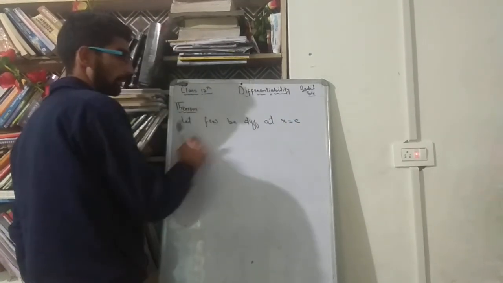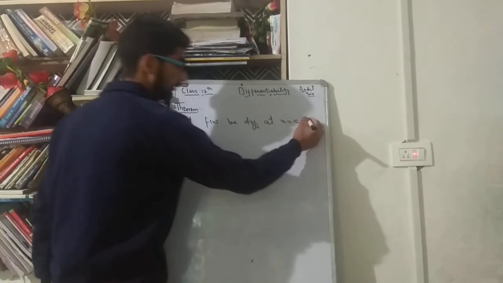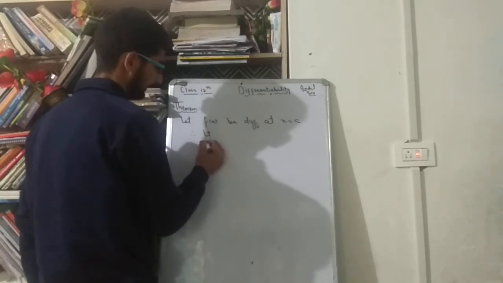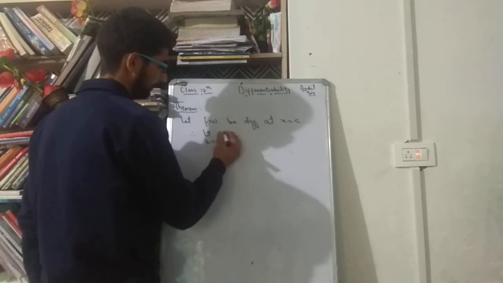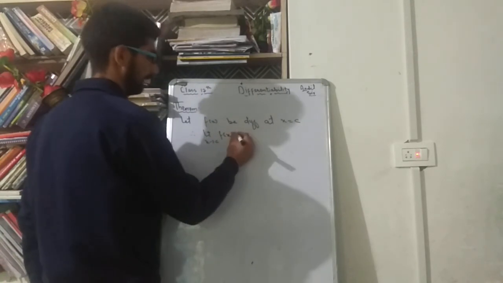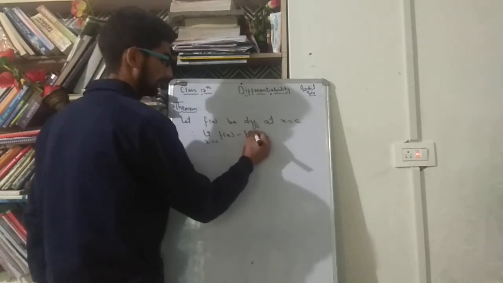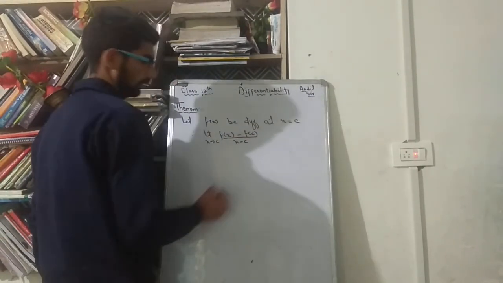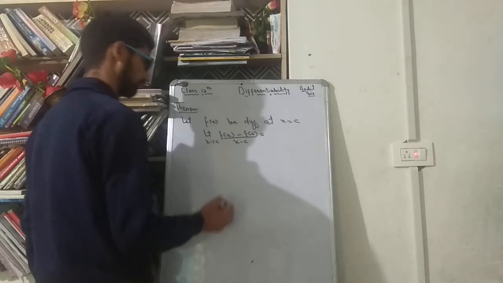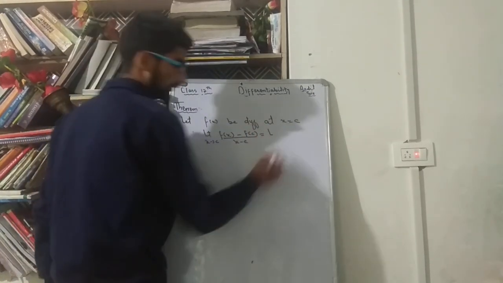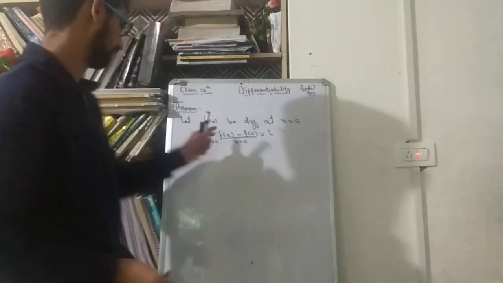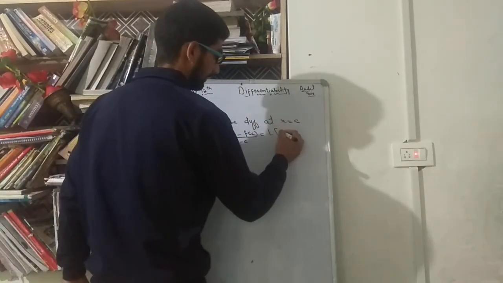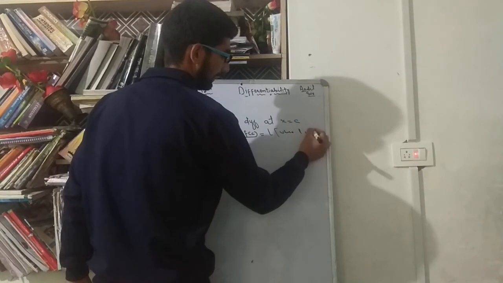So when this function is differentiable at x equal to c, then the limit as x tends to c of (f(x) minus f(c)) divided by (x minus c) will be equal to L, a finite value, because when this limit exists it is finite, where L is finite.